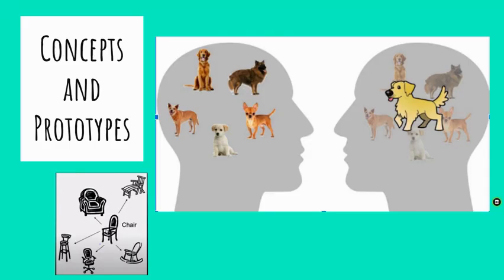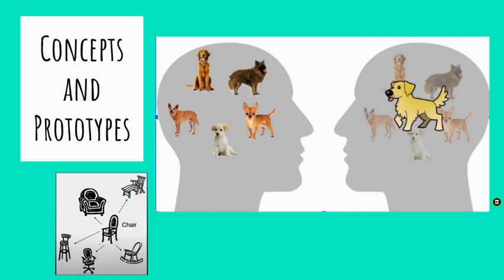So our concepts are the way that we understand, organize, and group things together into different categories. Within that organization and categorization, we have a prototype. The prototype is our mental image of the best example or the most typical example of our concept or category.